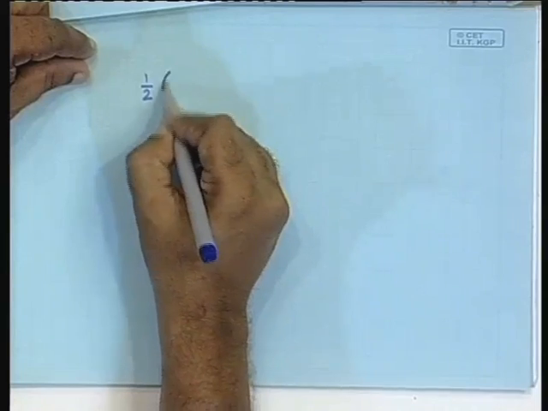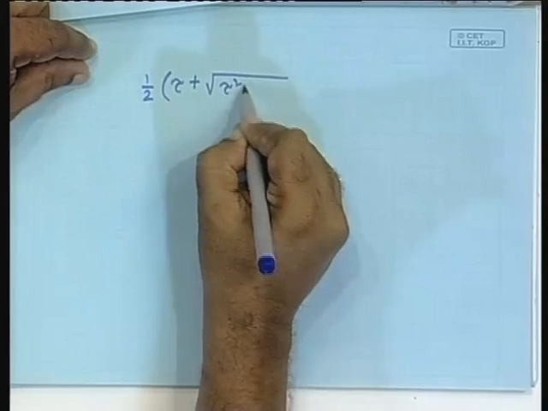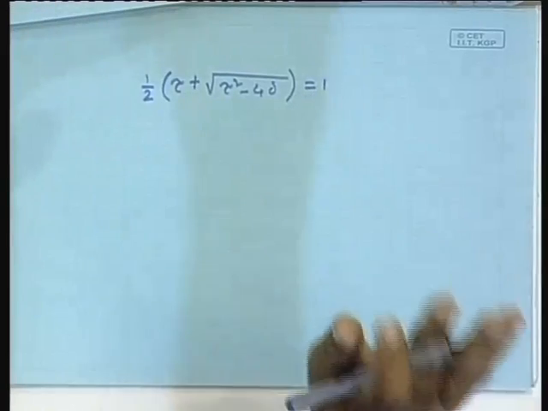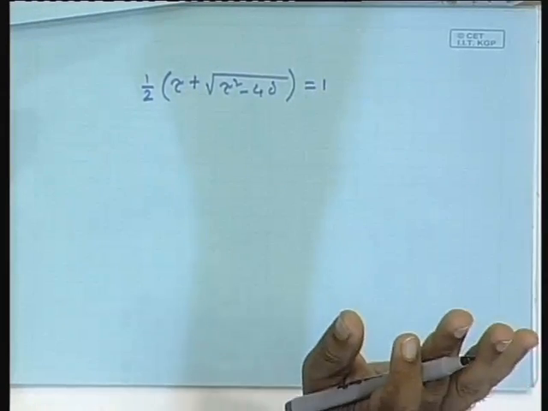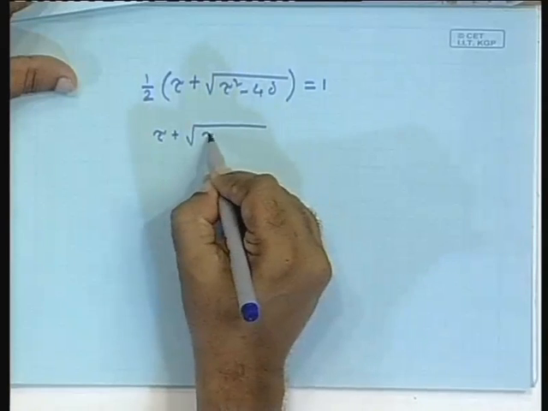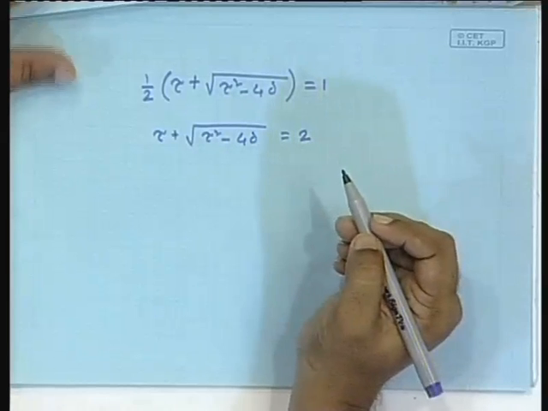Half tau plus root over tau square minus 4 delta is equal to 1 is the critical condition. So, tau plus root over tau square minus 4 delta is equal to 2, right.